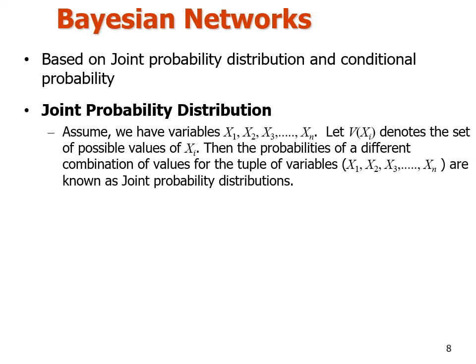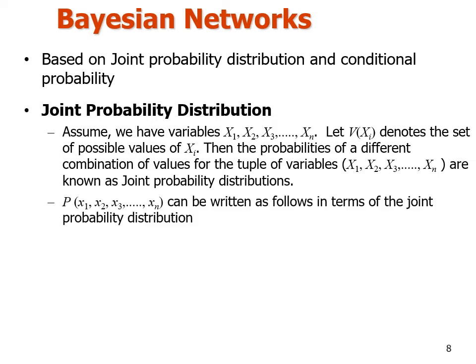Thus, the probabilities of different combinations of values for the tuple of variables x1, x2 up to xn are known as joint probability distributions. The probability of x1, x2, x3, xn can be written as an expression in terms of the joint probability distribution.